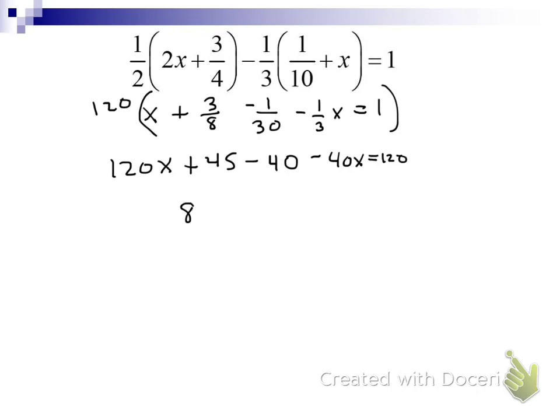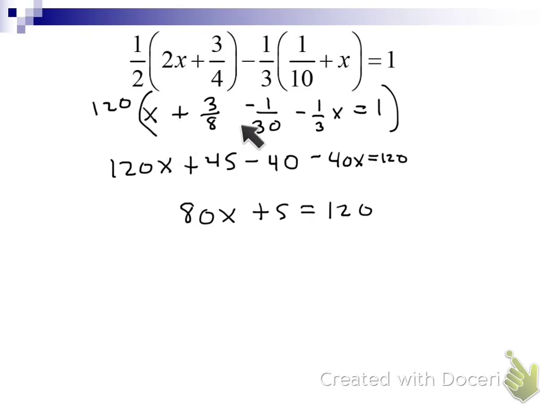So let's see. 120x minus 40x is 80x. Plus 5 equals. Oh, that's different. I messed up. Where did I mess up at?